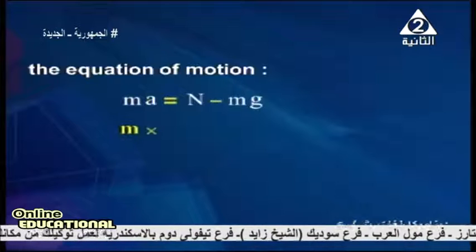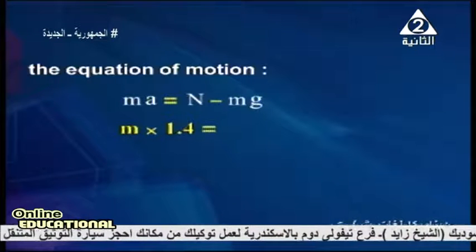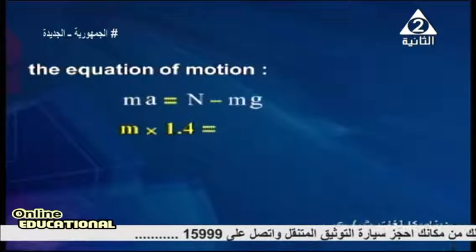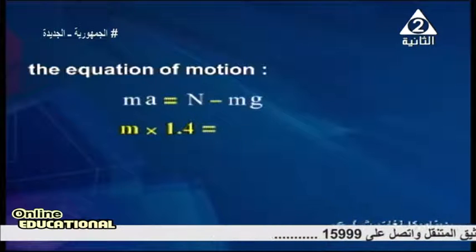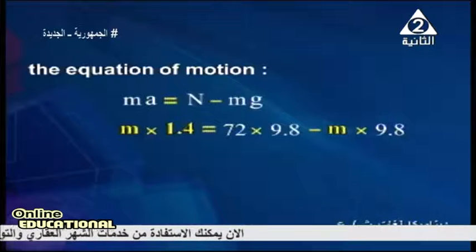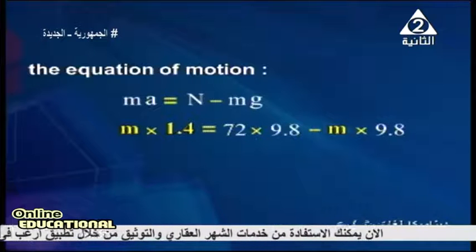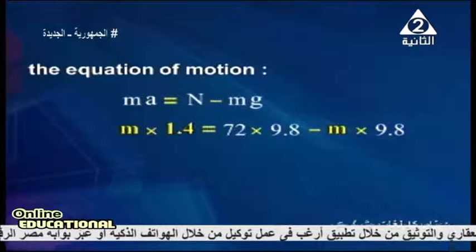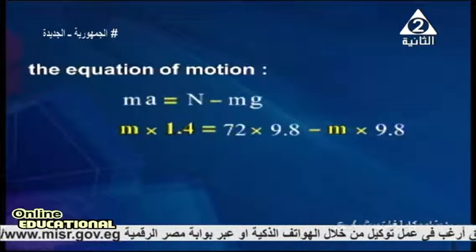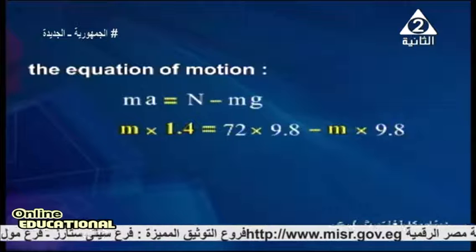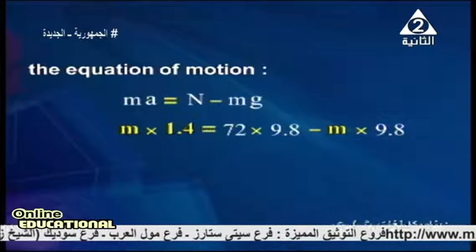The mass M times the acceleration 1.4 meter per second square equals N, the pressure, which is 72 kilogram weight times 9.8, then 72 times 9.8 in Newton unit, minus M multiply gravity G, which equals 9.8 meter per second squared.